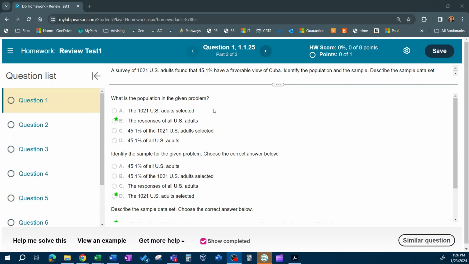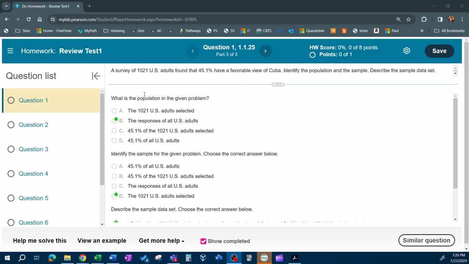This first one is about population and sample, right? And so let's first, there's different numbers in here. A survey of 1,021 U.S. adults found that 45.1 have a favorable view of Cuba. Identify the population in the sample.